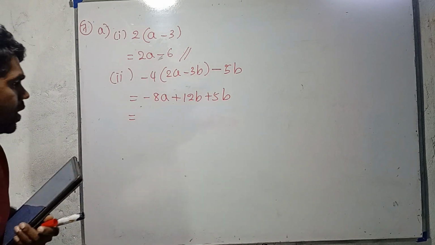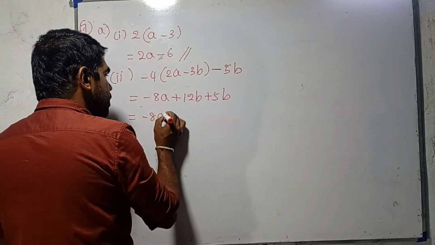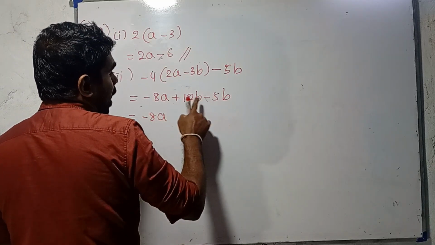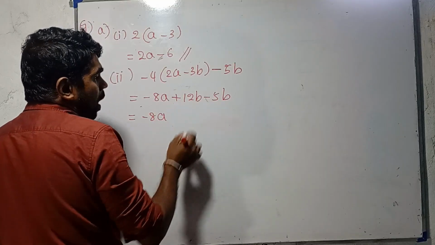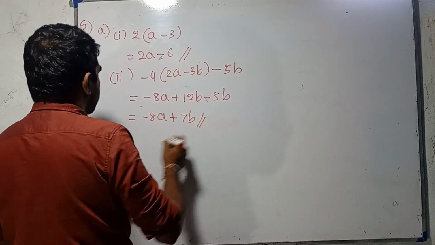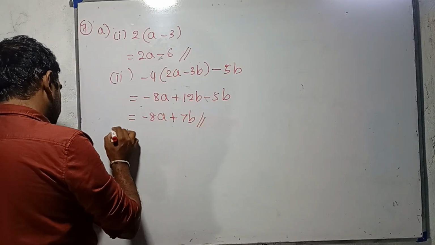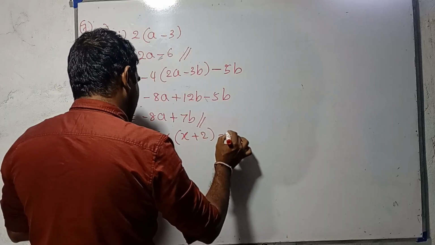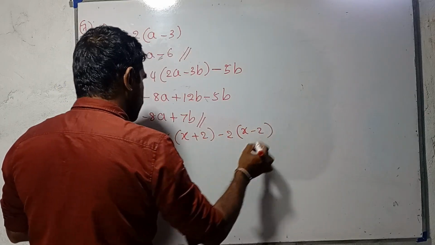We have to simplify it. Minus 8a, this one is minus. There are opposite marks. We have to subtract. Mark of the large term is plus. 12 minus 5, 7b.